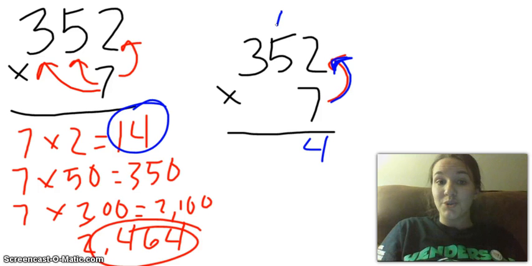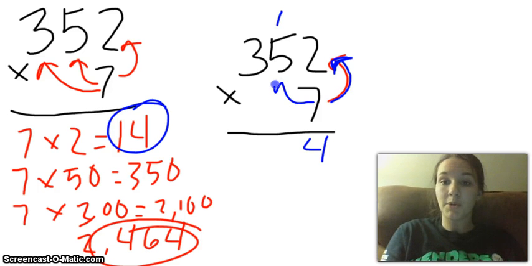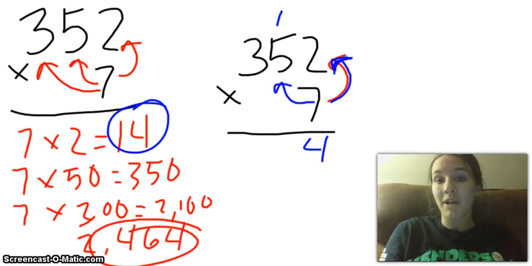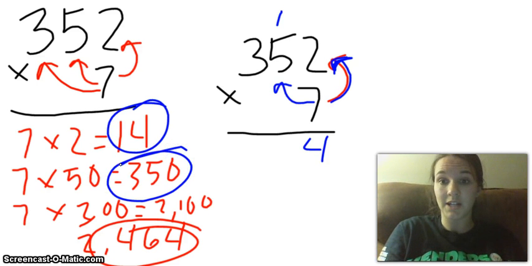Then I'm going to move on to my tens. So I'm going to be multiplying 7 times 5. However, I'm not multiplying by 5 ones, I'm multiplying by 5 tens. So 7 times 5 is 35, and I would have 35 tens. Now 35 tens is the same as 350.